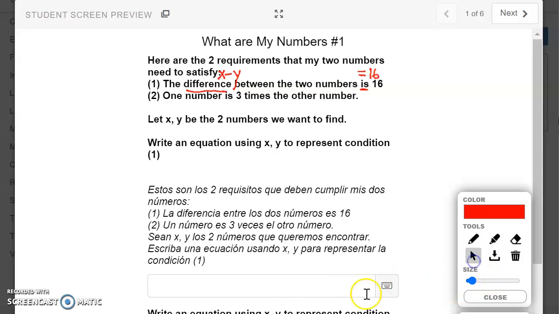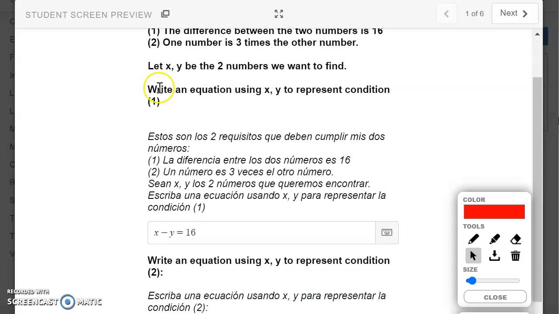So I am going to type that in here. X minus y is equal to 16. Then the second condition is one number is 3 times the other number. So what does that mean? One number, we can call that first number x.